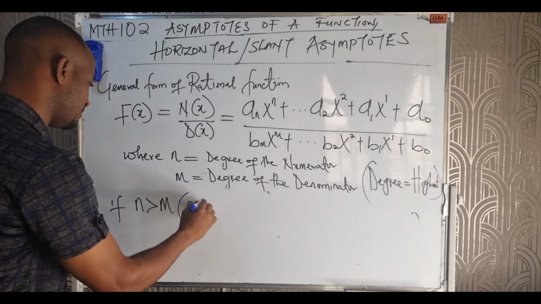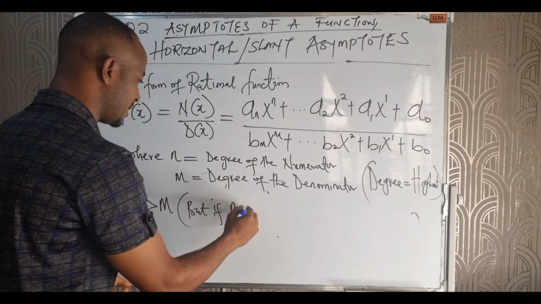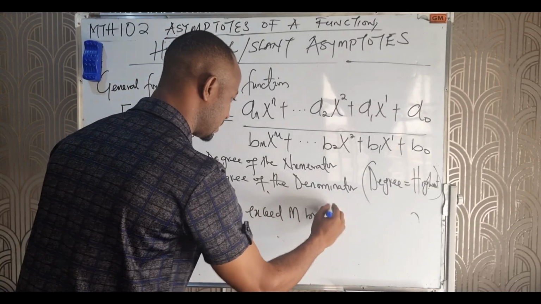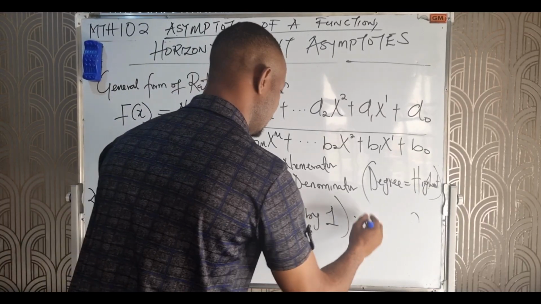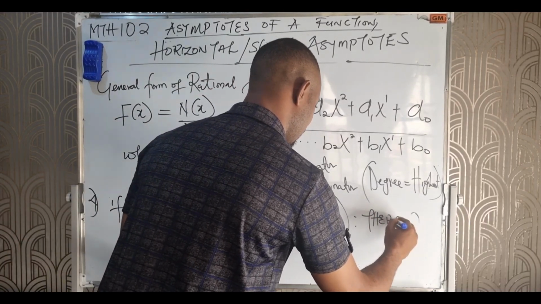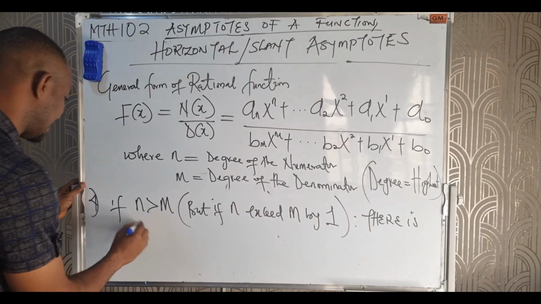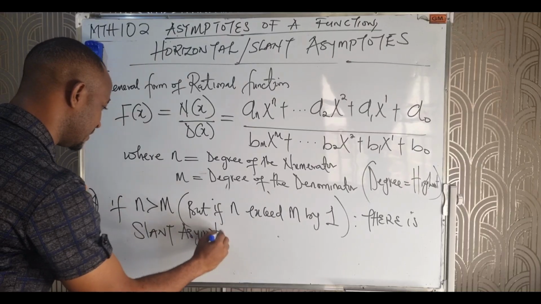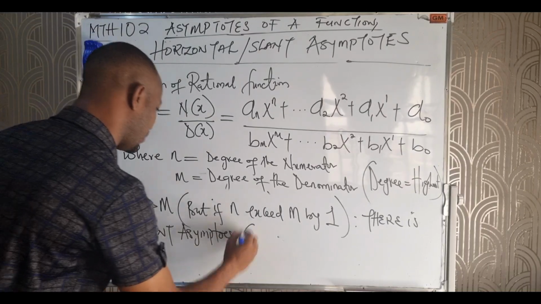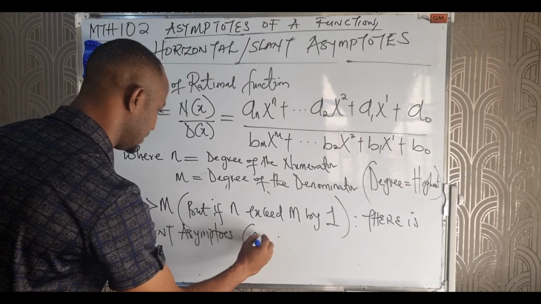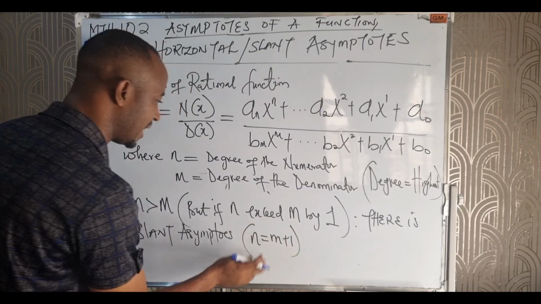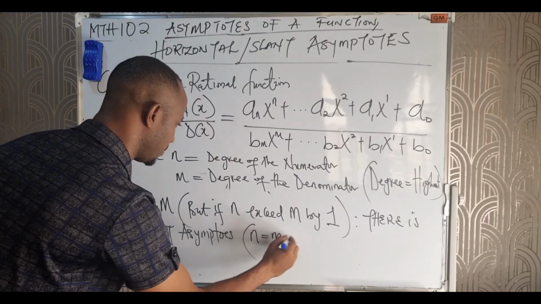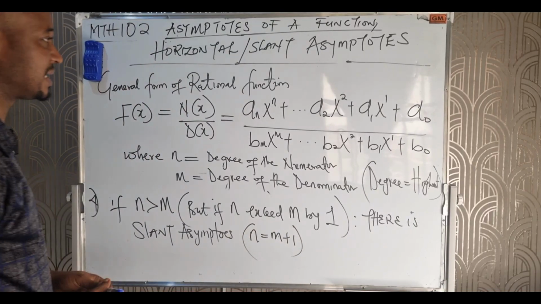But if n exceeds m by 1, there is a slant asymptote. What I mean by that is that if n is equal to m plus 1, we have what we call slant asymptotes.